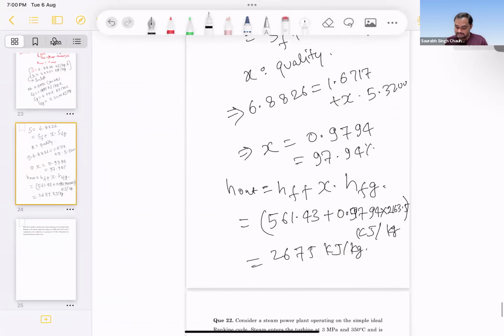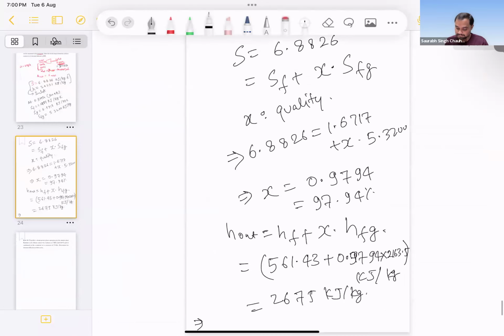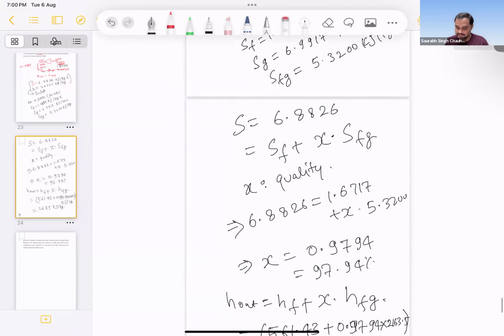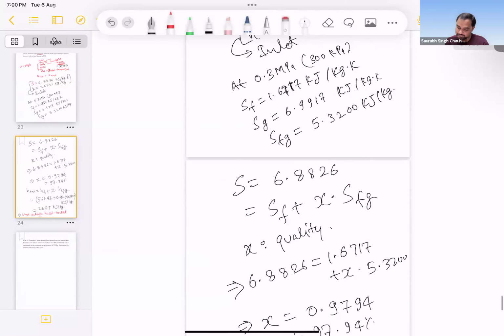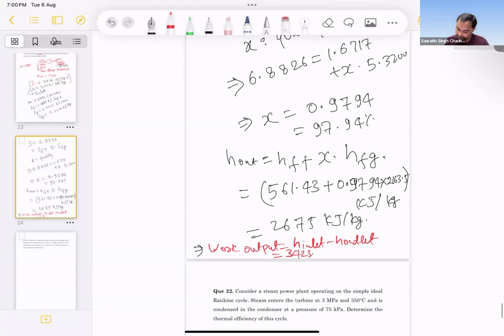So now you can calculate work output. Work output will be equal to h of inlet minus h of outlet. At inlet, this value was 3423.1, at outlet is 2675 kilojoule per kg.